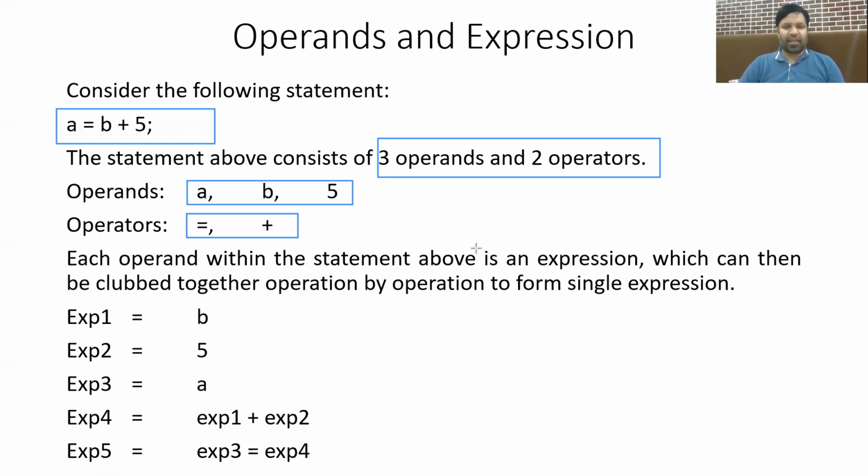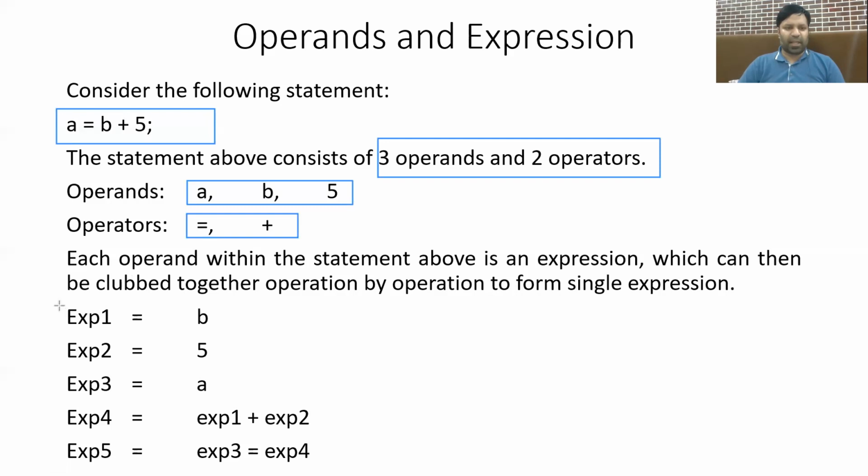All these 3 can be considered as individual expressions, which can then be clubbed together operation by operation to form a single expression. So within the total statement A is equals to B plus 5, first of all we are going to divide this into individual operands as expressions and then sum up to form a single expression.